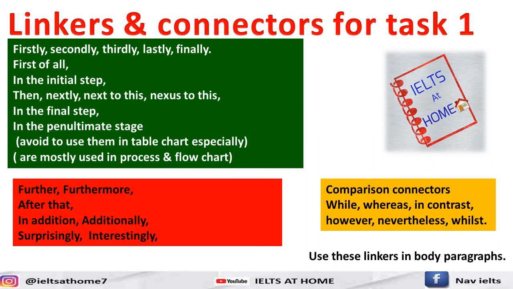Penultimate stage is the second last stage. So avoid using them in the table chart and other charts, especially as these are just to write the process and flow chart. You can use other connectors for other charts, like further, furthermore, after that, in addition, additionally, surprisingly, interestingly, and many more. You can search on Google.